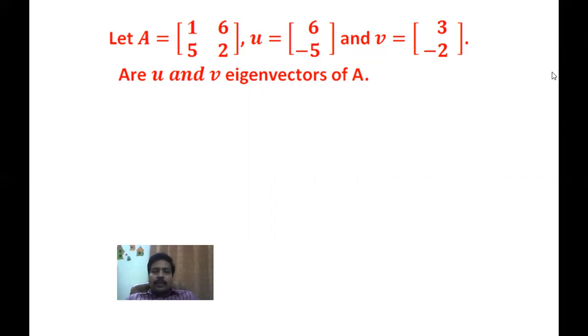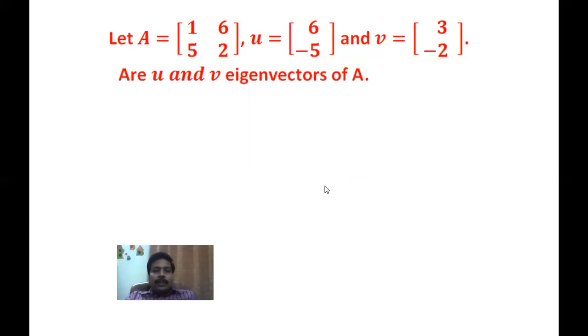To check this, we need to multiply with A, and if we get a scalar multiple of the given vector, then we can say that vector is an eigenvector, otherwise not.